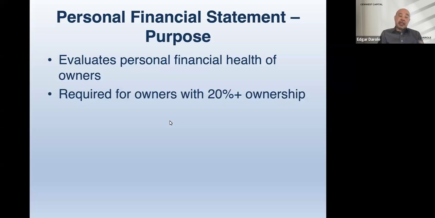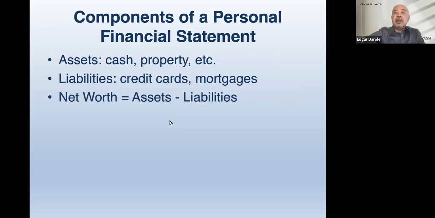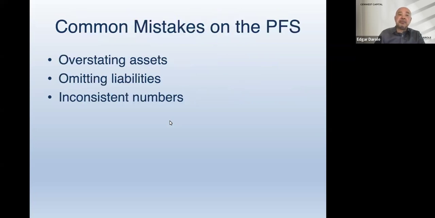Like I said earlier, everyone with 20% or more ownership will need to complete one. This form includes assets like cash and property, and liabilities like credit card debts and mortgages. The goal is to determine your net worth and whether you can personally guarantee the loan.